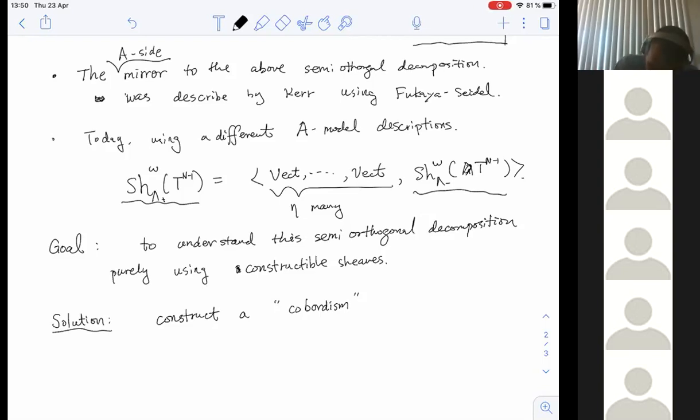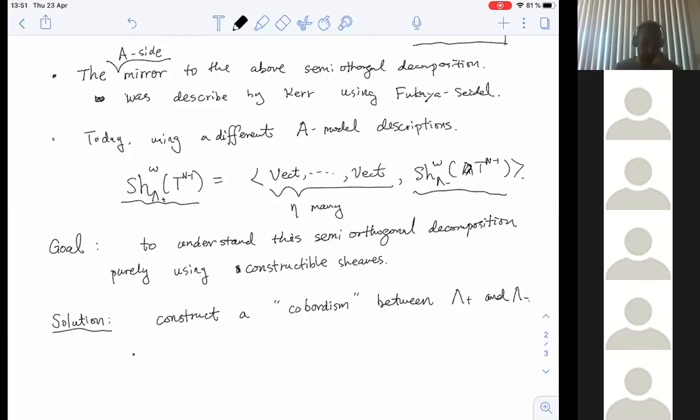But if you wish, you can also forget about T^{n-1} and just remember the skeleton and its thickening. So that also determines the category. So in a certain sense, the skeleton is the more fundamental object. Construct a cobordism between lambda plus and lambda minus.